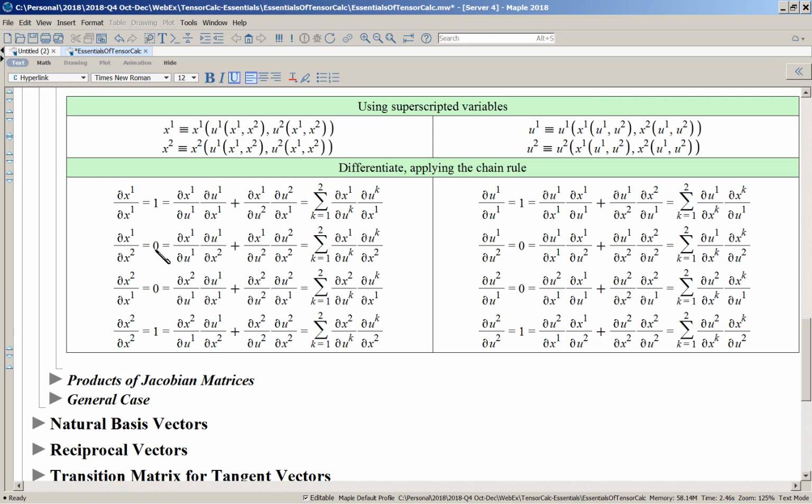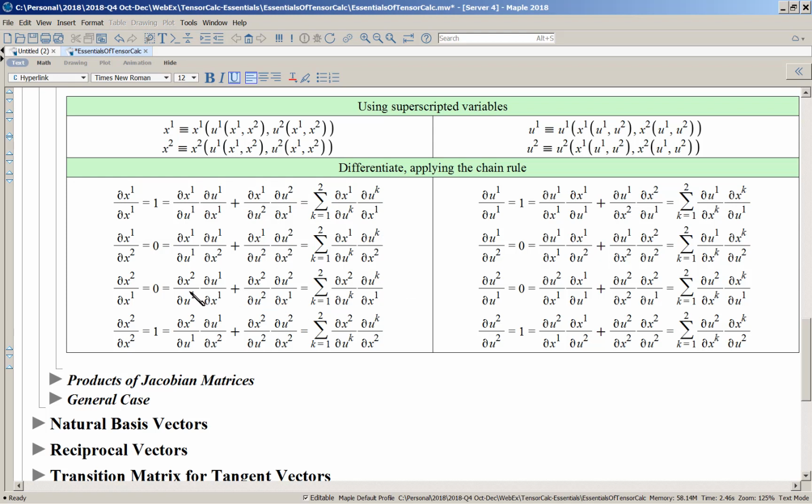Second equation, where you have 0, you're going to have 1 here, 1 here, 2 here, 2 here, 1 here, 2 here, 1 here, 2 here. So 1 here, 2 here, and k that you sum on.